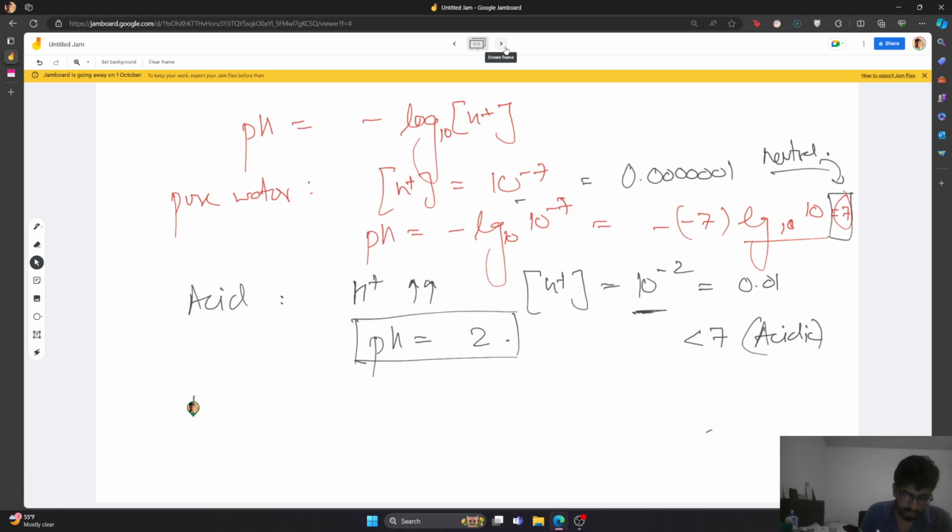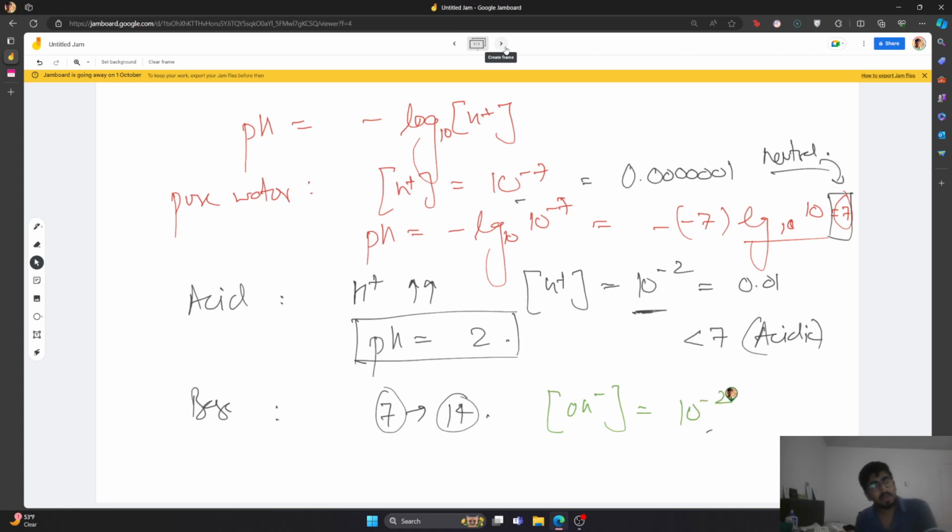And base, of course, goes from 7 to 14 similarly. You can always calculate from the ionic product what will be the corresponding concentration of OH minus. So bases produce OH minus, and bases raise the OH minus concentration to a very high level.